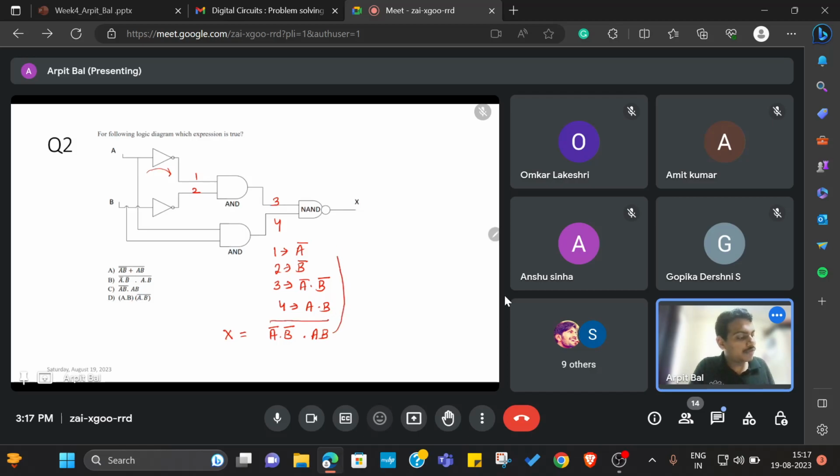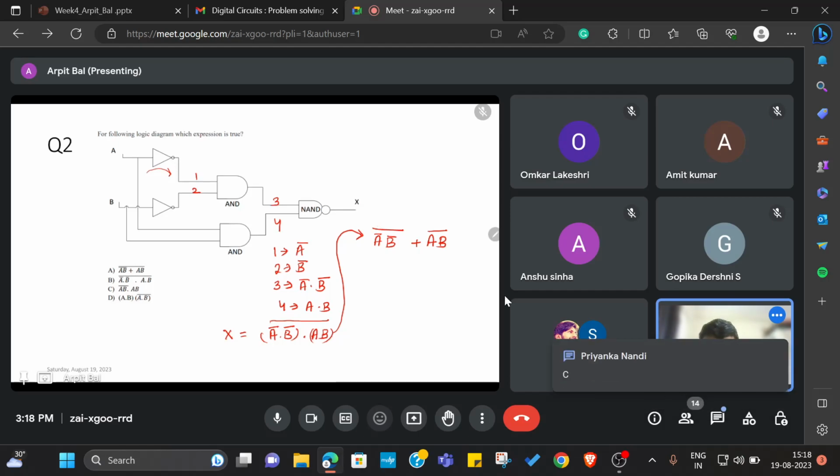Let me simplify it here. Let's use De Morgan's law: a bar b bar whole bar, put it in bracket, plus a b whole bar. I don't think we need to simplify it further. We already arrived at the answer. So the answer is option B.